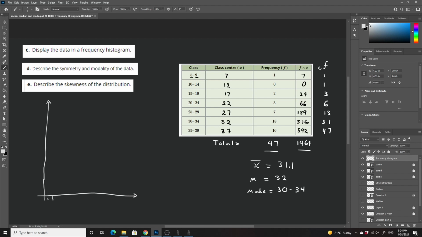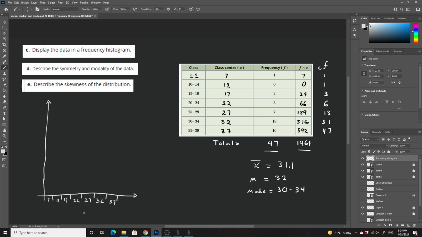So our first one here is going to be 7, 12, 17, 22, 27, 32, and 37.